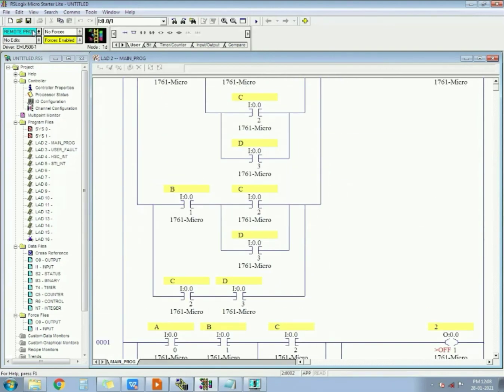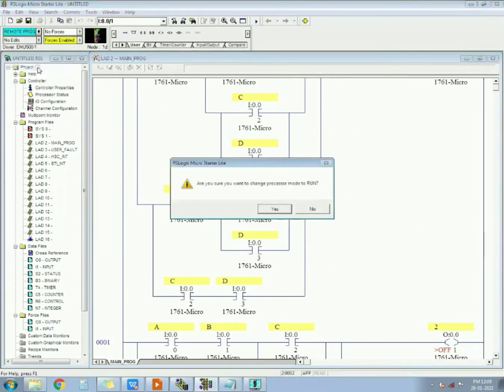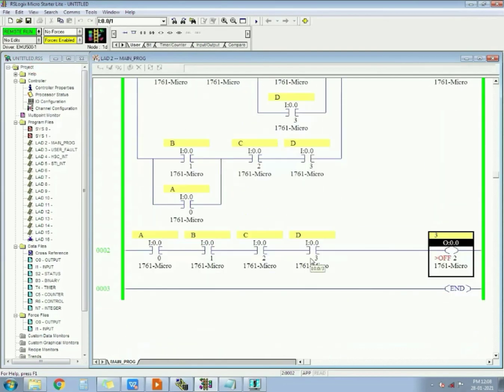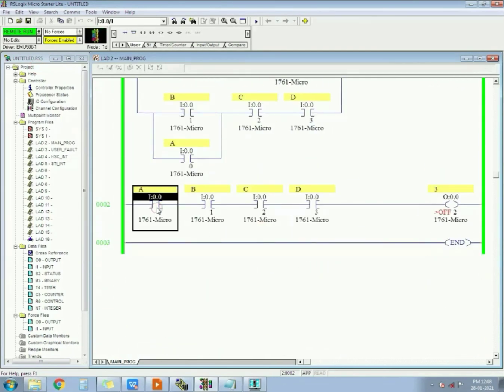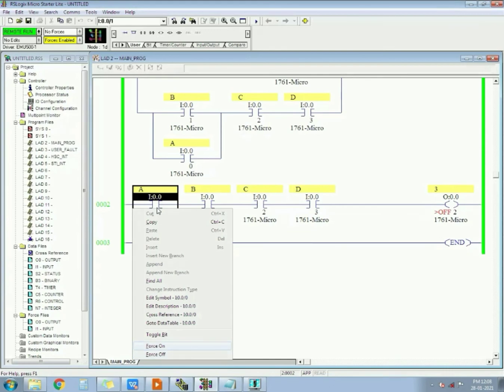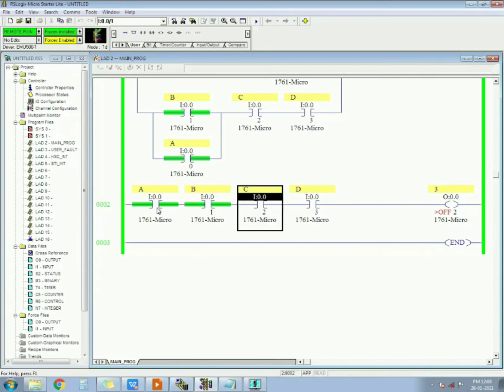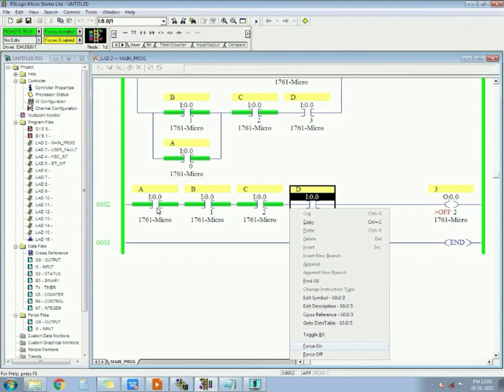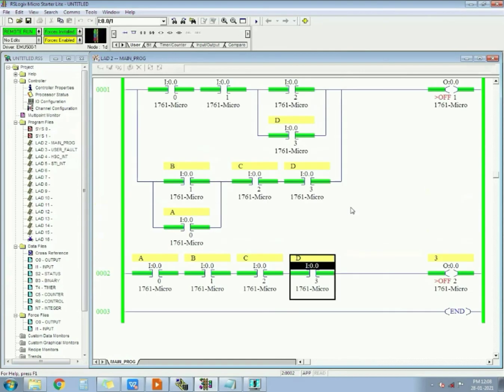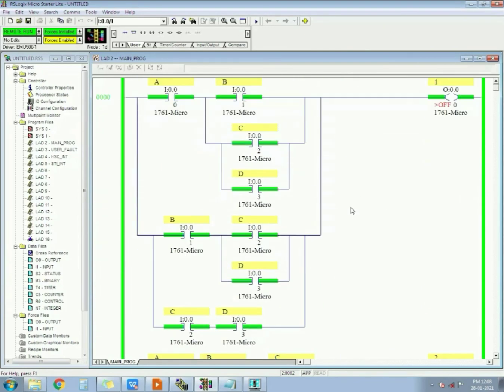Now we'll run it and I will check the last part because I have already checked the previous parts. A, B, C and D. You can see previous outputs are also working.